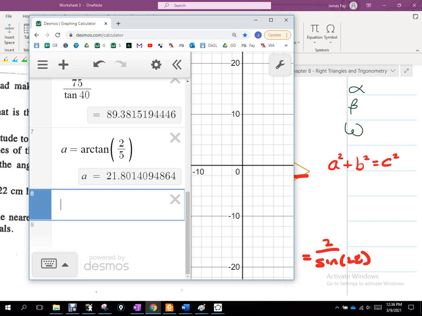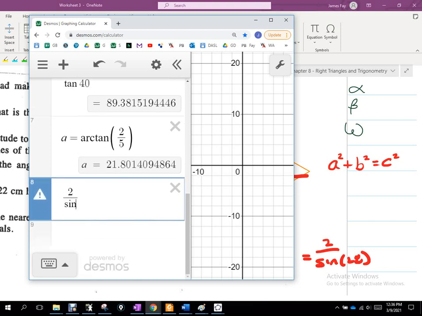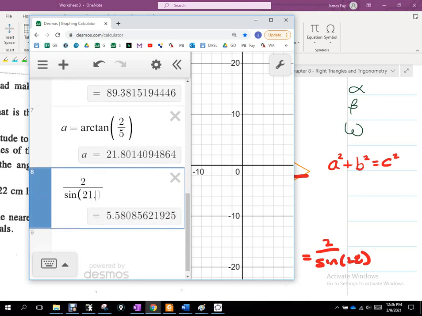If I go 2 divided by the sine of 21.8, okay, 0, 1, 4. See how as I change the decimal precision, the actual quantity is changing, right? Because that's the rounding error.